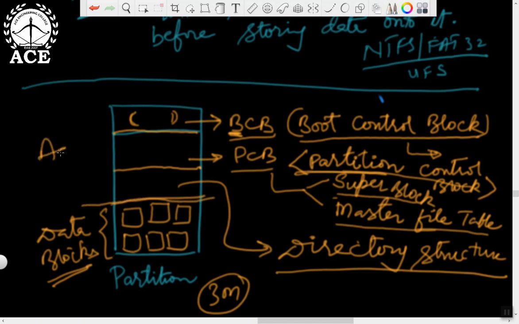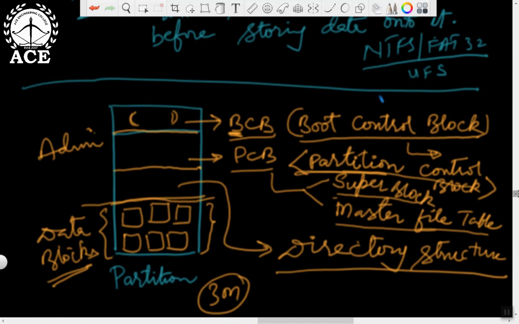This is I call admin part of the disk, and this is the user part. Admin part is 3 things: PCB, BCB and directory structure. Then user data blocks, the application software, the user file, the operating system files, everything will be stored in these blocks. So the data on file is stored, the data on disk is stored in the form of blocks. These are the blocks. So this is the typical directory structure.